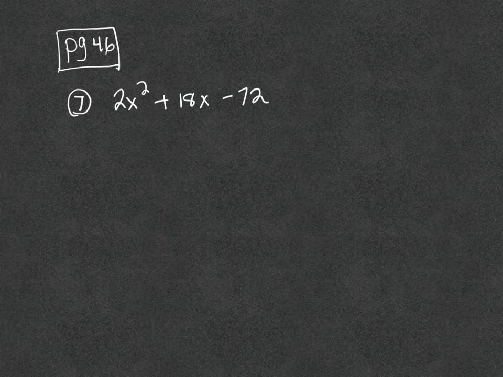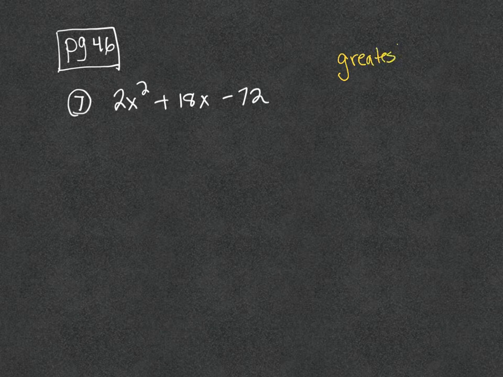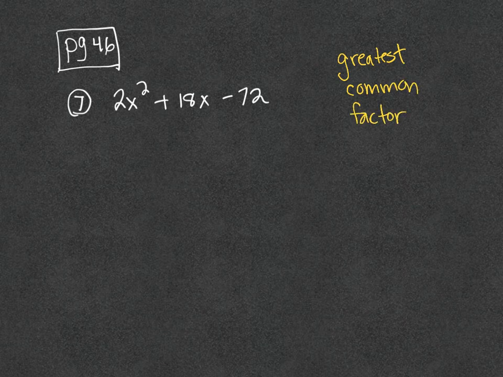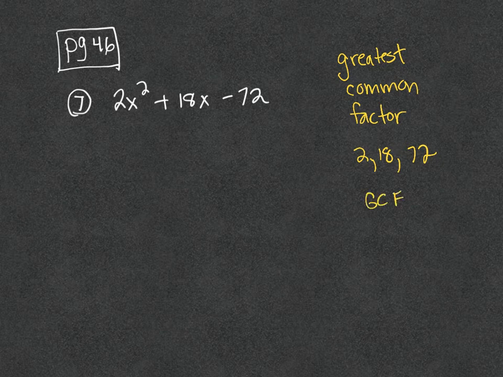All right, so we are continuing on page 46 with being able to factor quadratic trinomials. One thing that we want to bring into this is to remember that we always need to look for the greatest common factor. And so if we look at 2, 18, and 72, then our GCF, greatest common factor, will be 2.